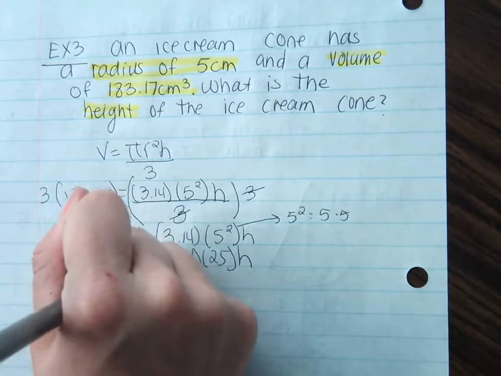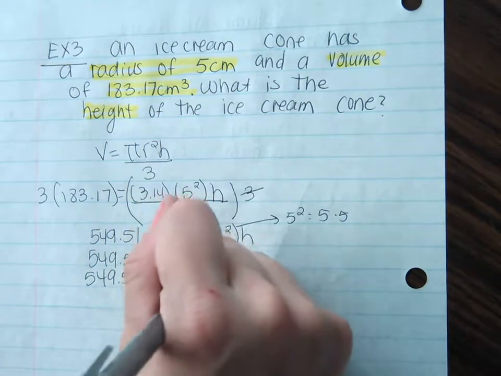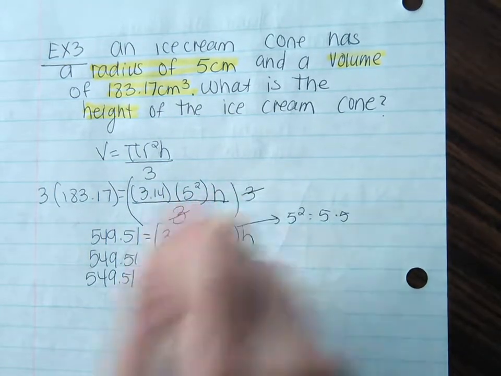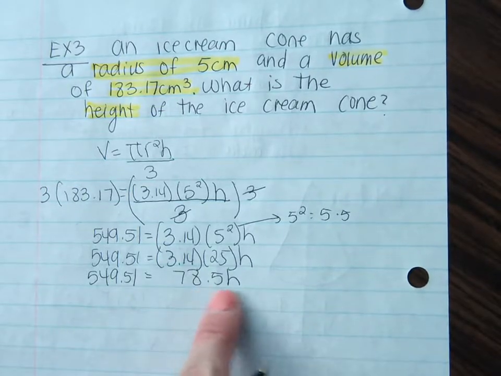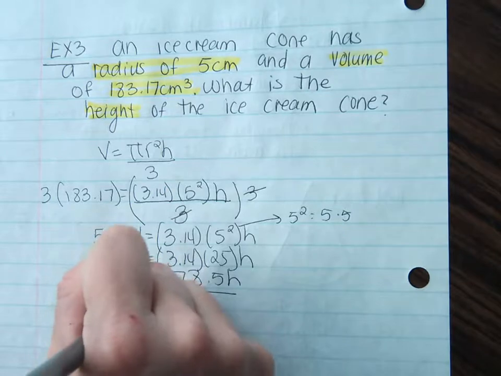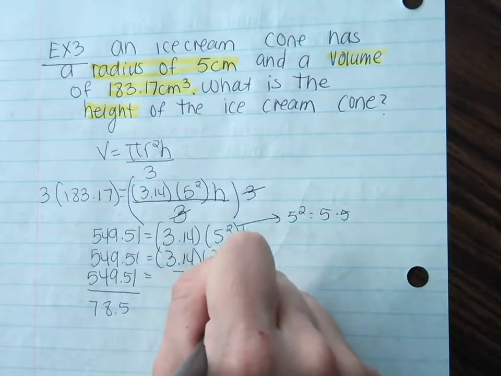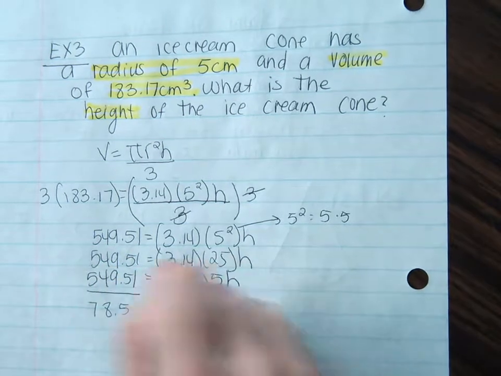We get 549.51 equals 78.5, and I bring down my letter h. Since this is multiplication, we divide both sides by 78.5. And we have h equals 7.